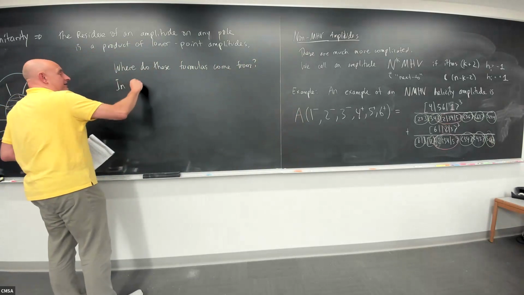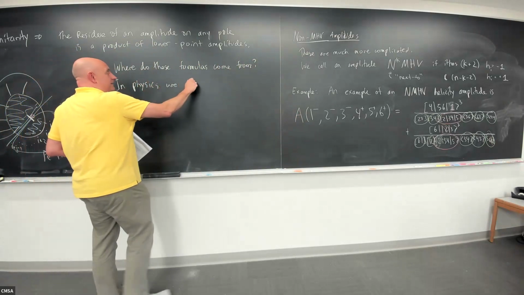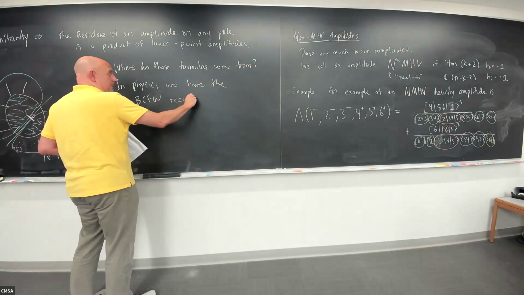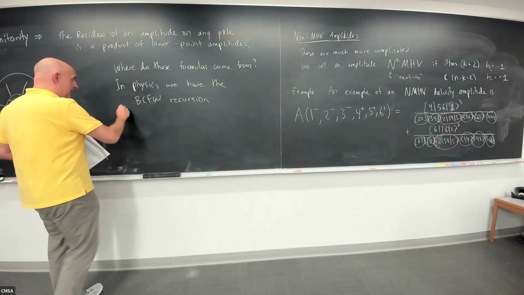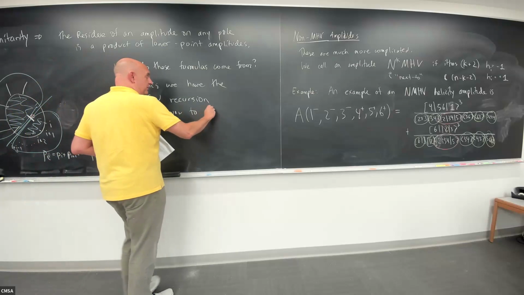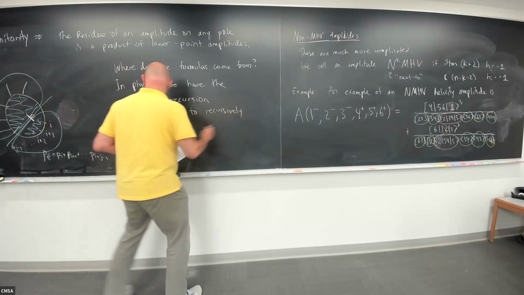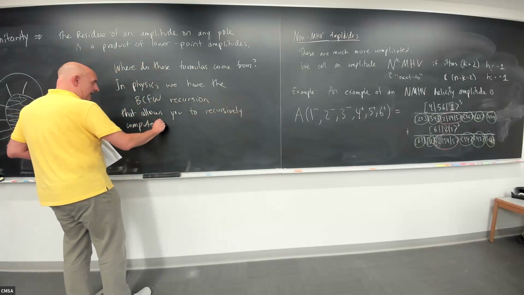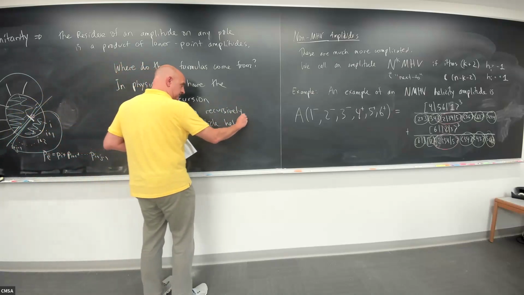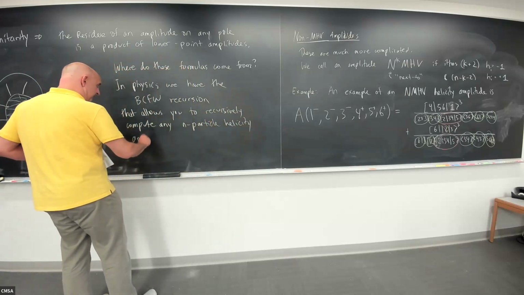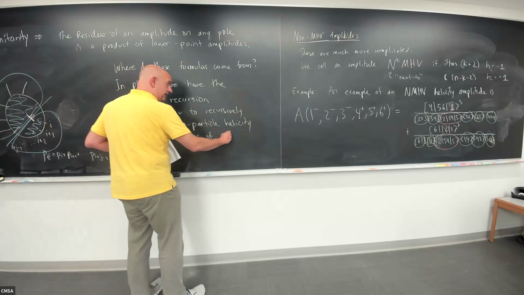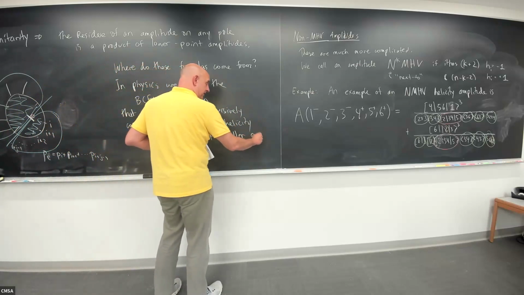In physics, we have something called the BCFW recursion, by Britto, Cachazo, Feng, and Witten, that allows you to recursively compute any n particle helicity amplitude in terms of smaller amplitudes.